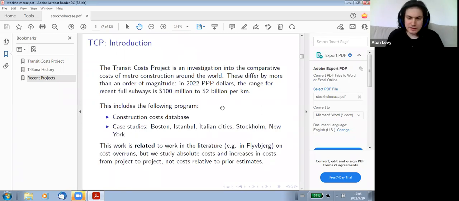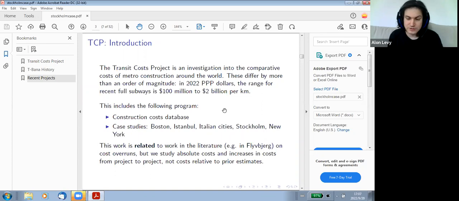And now most of the work that's been done on this, of which there is quite a lot, probably the most famous would be Bent Flyvbjerg, is about cost overruns. So Flyvbjerg, and again, not just Flyvbjerg, but also someone like Bert van Wee or Peter Love, who doesn't think well of Flyvbjerg and his work at all, study cost overruns.